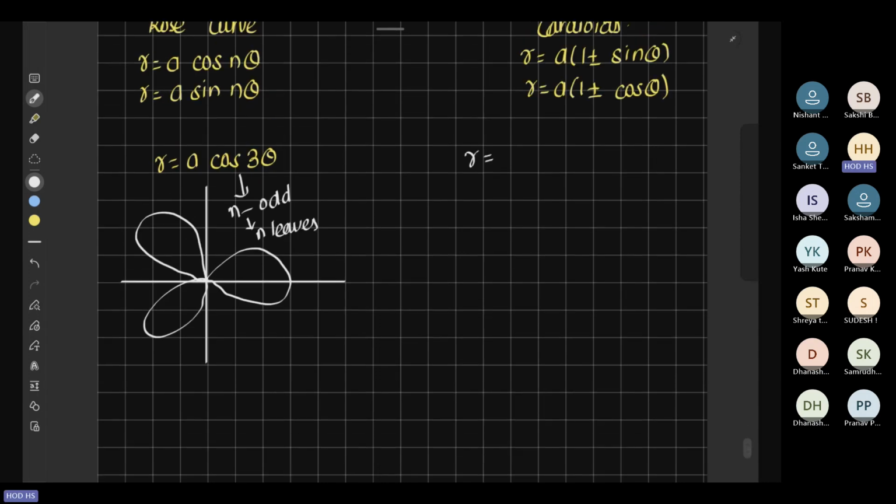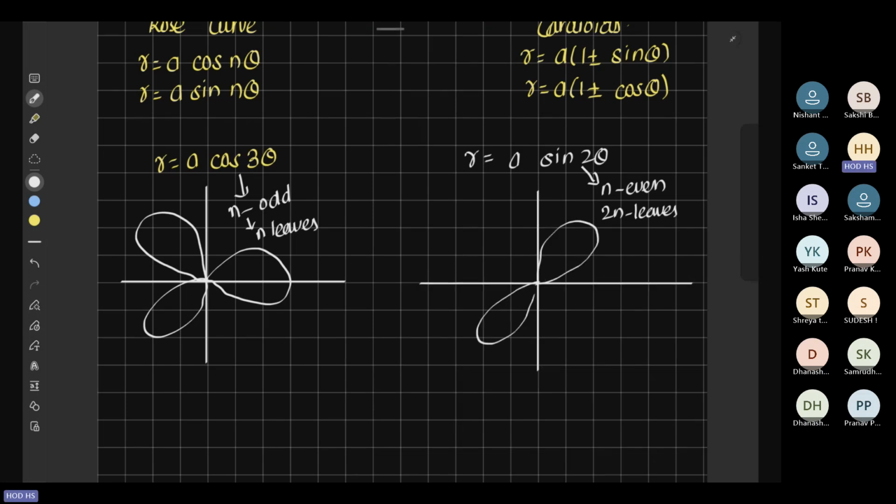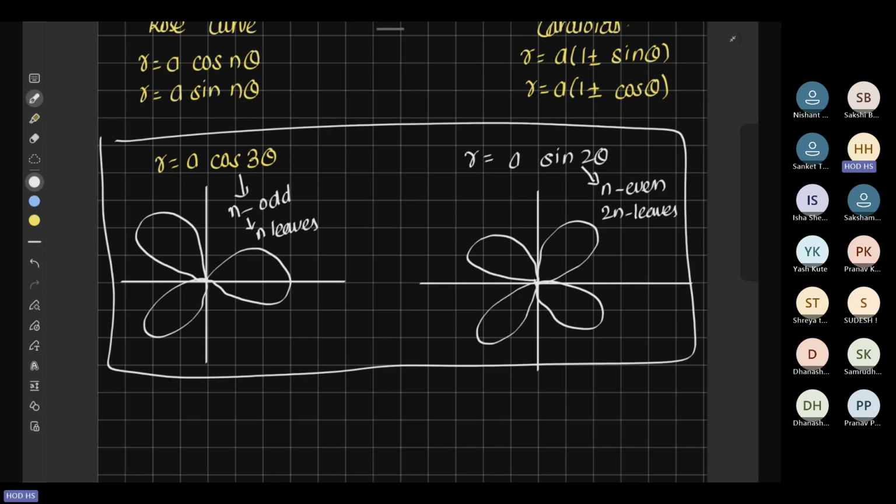And if you have r is equal to, let's say, a sine 2 theta, here we have n even, so we have 2n leaves. So this graph will look something like this one. Okay. So this is about the rose curves.